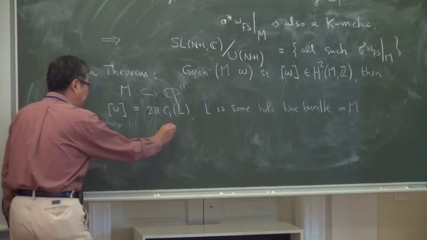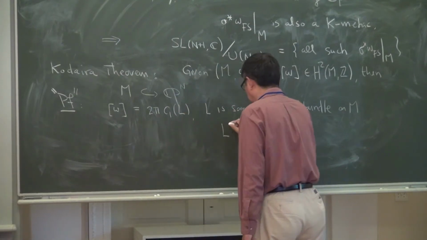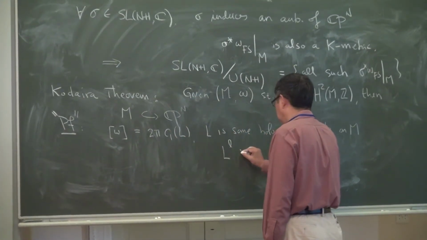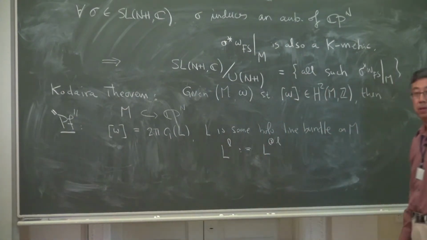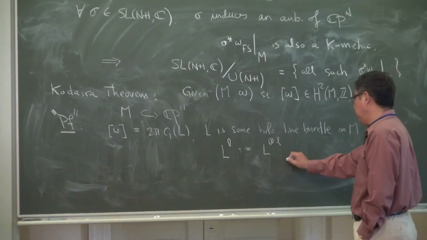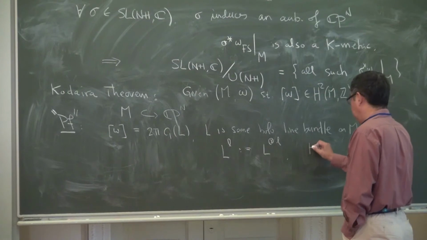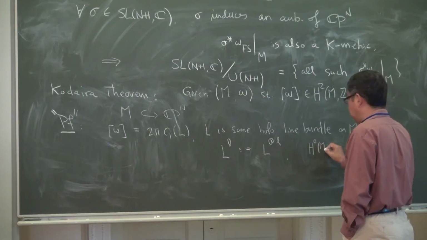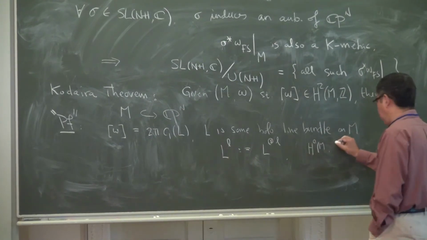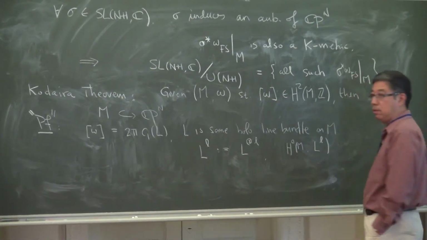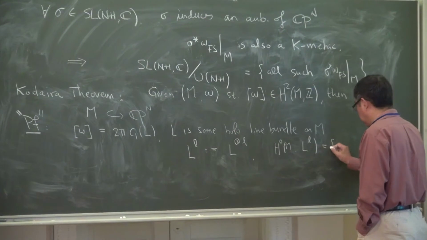you look at the line bundle, you look at the tensor power. So L^k is defined to be L tensor itself k times. Okay. So given a line bundle, then you look at L^k. So these are all holomorphic sections.